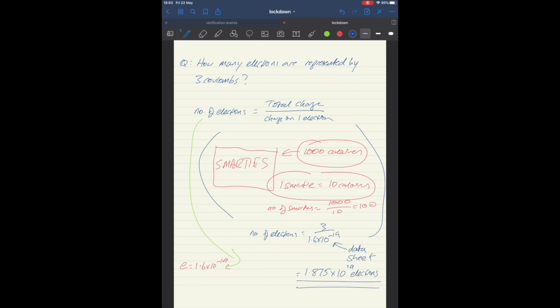That's how many are represented by 3 coulombs. So it's just a number: the number of electrons equals 1.875 times 10 to the 19. This isn't really an equation you'll get in the equation list. However, if you want to write it down, you might find it helpful.